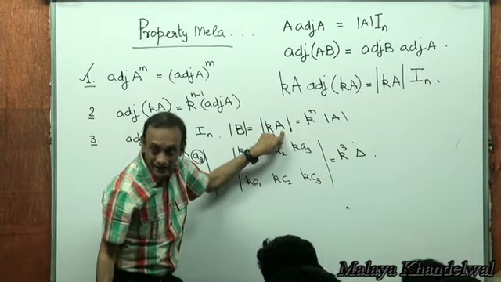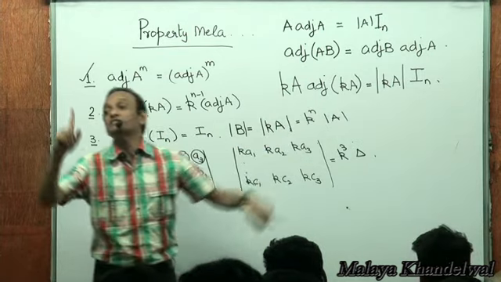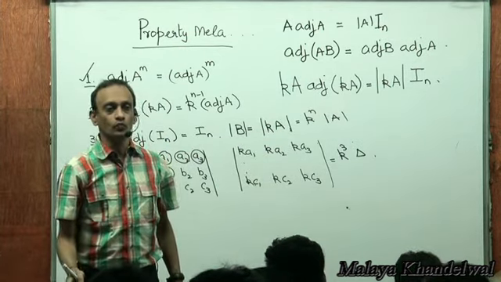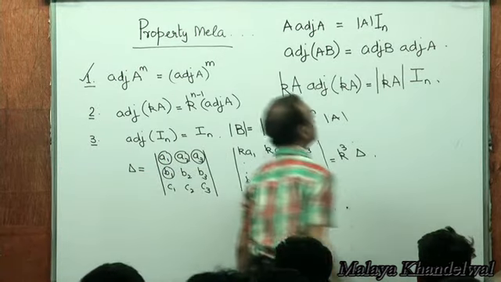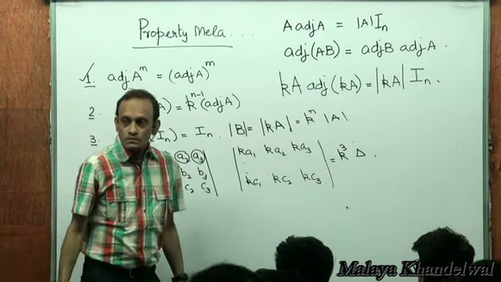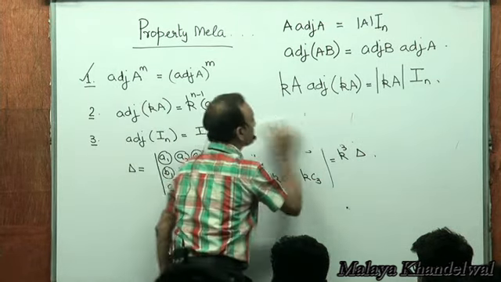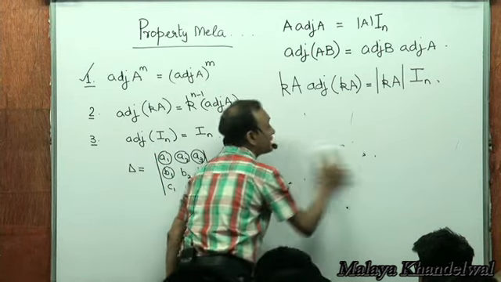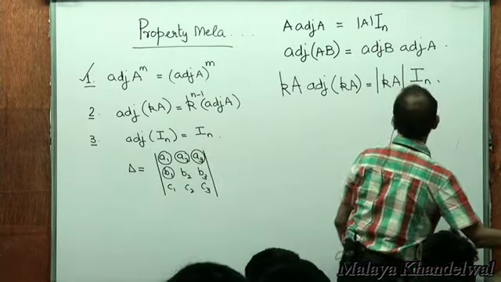The determinant of the matrix KA would be K to power n times determinant A, yes or no? So, good for us. Determinant KA, where K is a scalar, would be K to power n times determinant A.